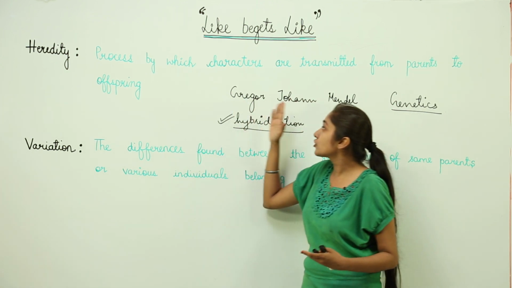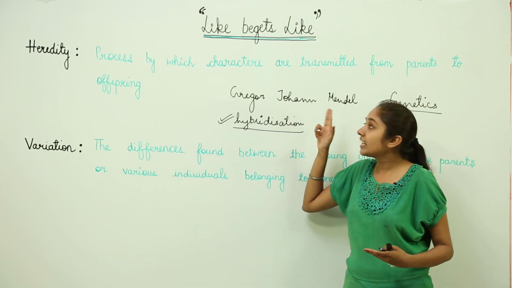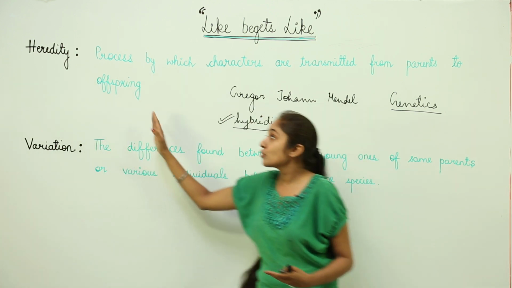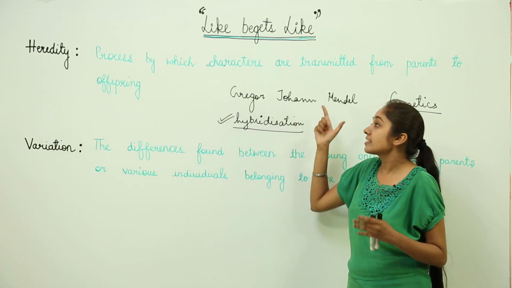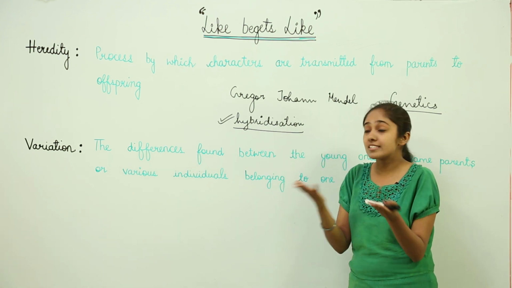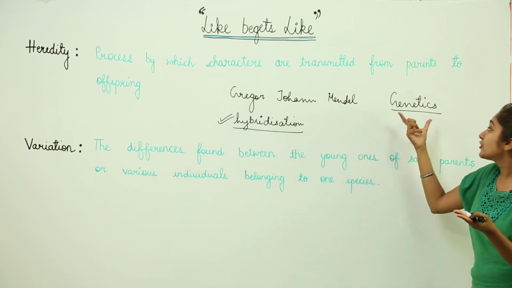So Gregor John Mendel laid down the foundations of genetics, the foundation of the principles of heredity. His work is now the basic fundamental criteria that we need to understand when we will be studying genetics.